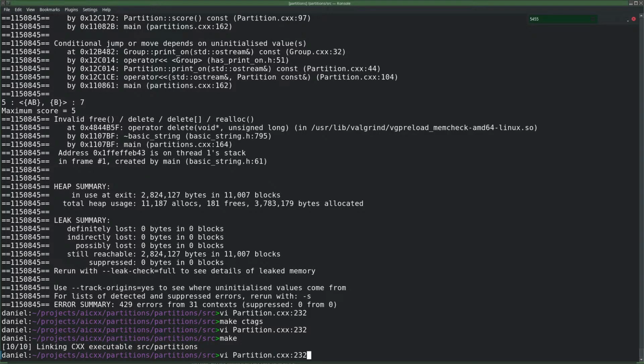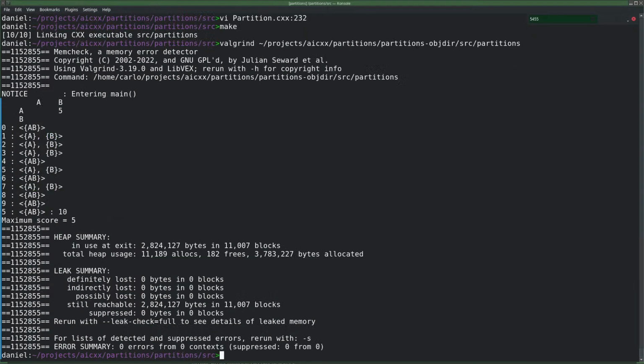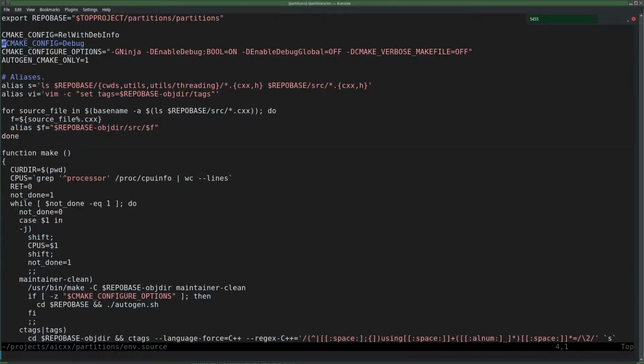Now let's run Vulkan again. That solved it. Okay. So then I can go back to, well, release with debug info is good enough.